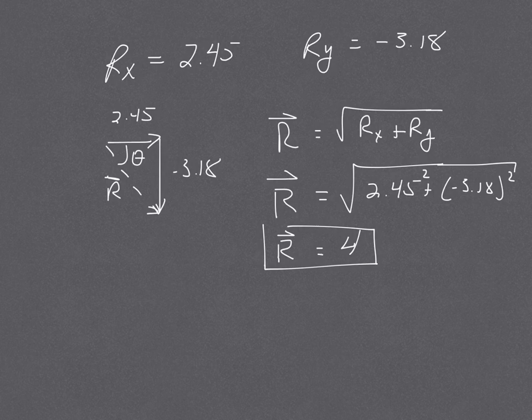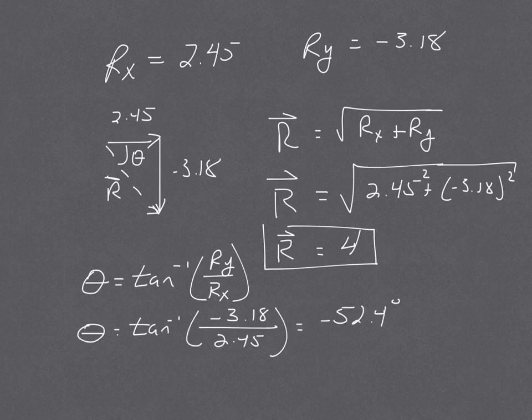Now we have to figure out the direction. To do that, we are going to use our inverse tangent of the y value over the x value. And when we do that, we get negative 52.4. Now, is that the direction that this vector is pointing?